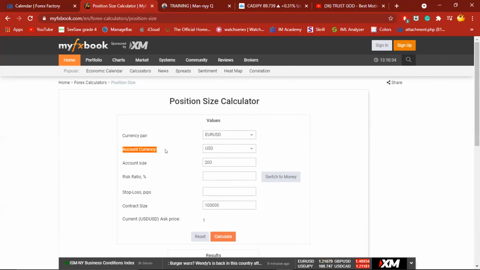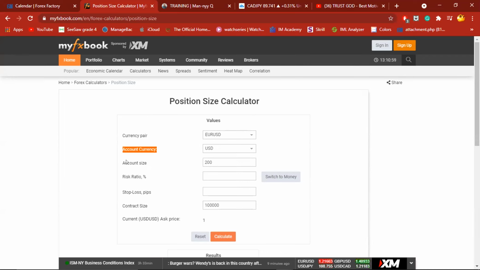What I will always do is that I know I'm only willing to risk 5% of my account per day. I want to make at least 5%, but I'm also comfortable knowing what 5% of my $200 account is.